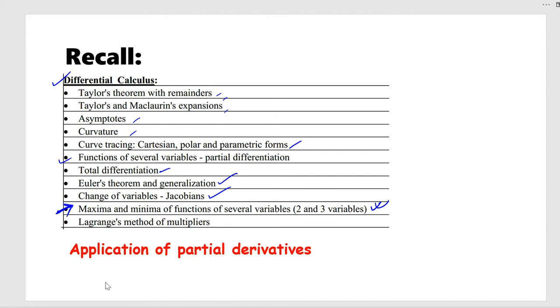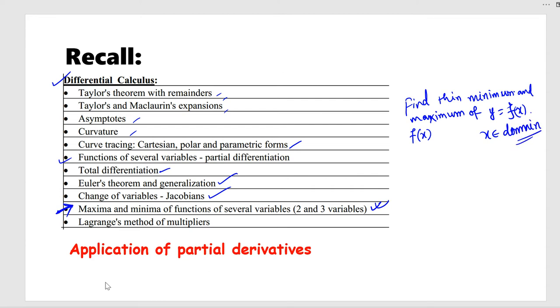In case of one variable, we have seen how to find the minima and maximum of y equals f of x for any given function, where x belongs to, for example, a domain.